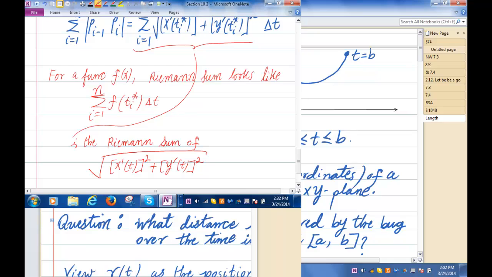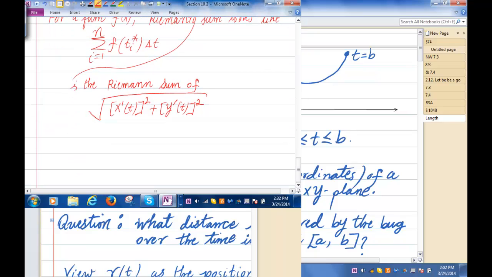The limit of the Riemann sum as n goes to infinity: as n goes to infinity, the sum, i going from 1 through n, of the square root of x prime of ti star squared plus y prime of ti star squared, goes to what?